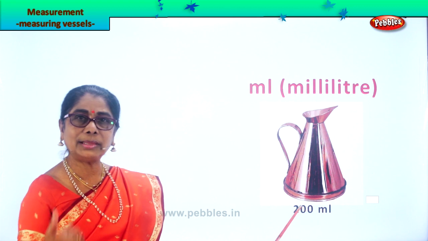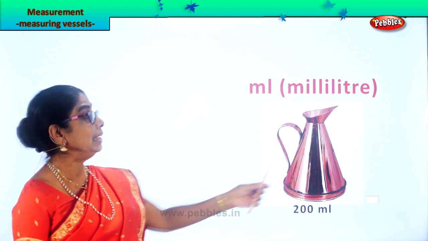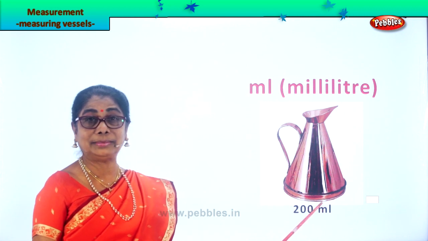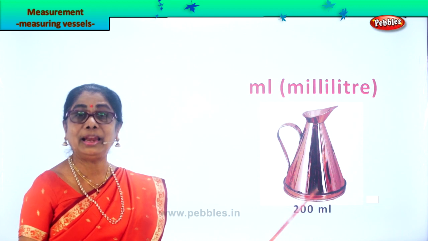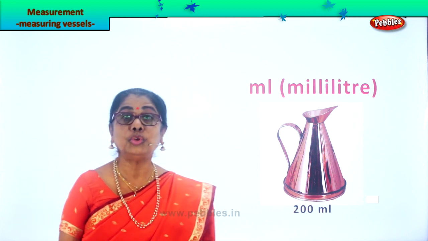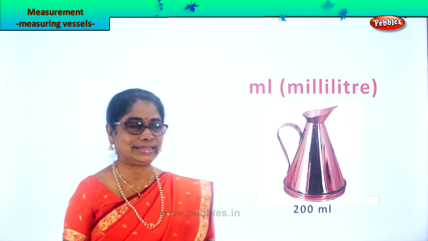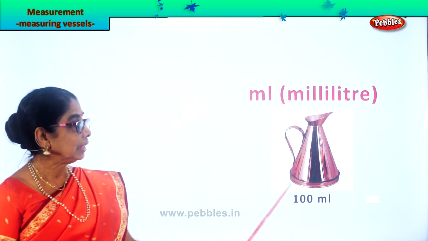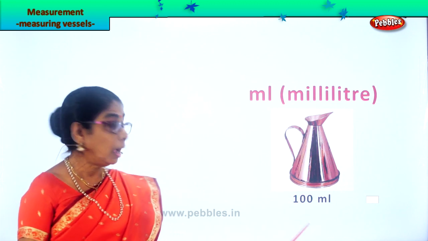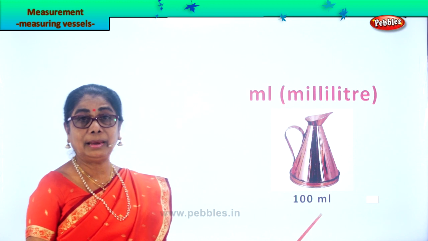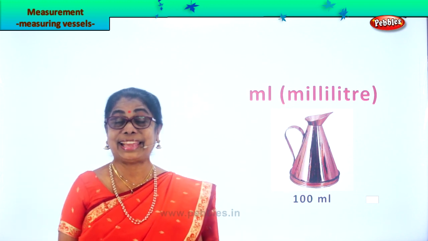This is smaller than the 500. This is 200 milliliter, 200 ml. This vessel can hold only 200 ml of whatever liquid you are trying to measure. Yes? Next. This can hold only 100 ml, 100 milliliter of any liquid.